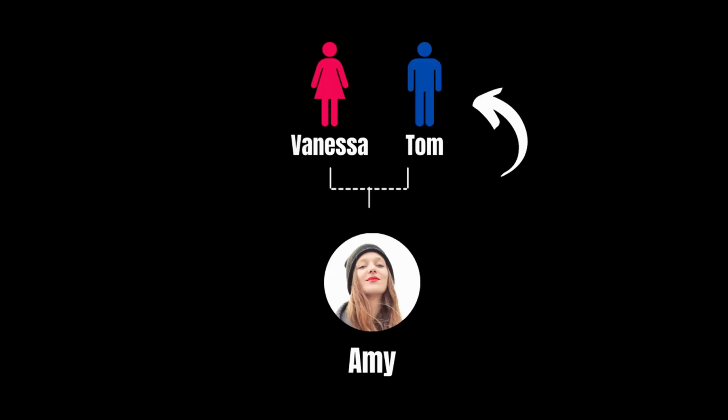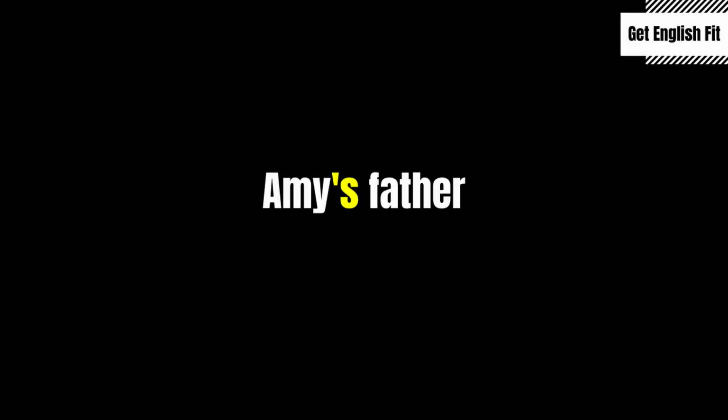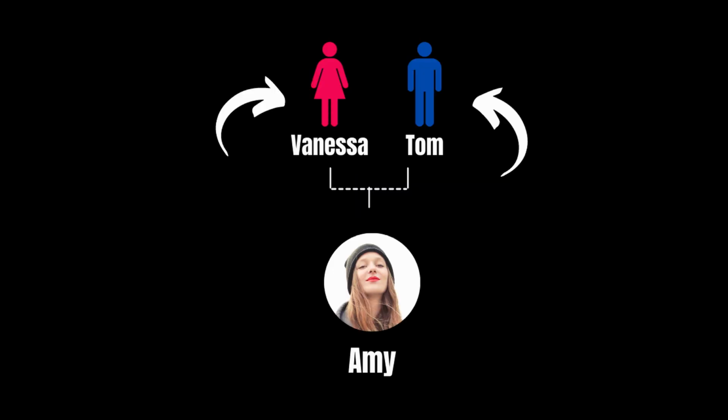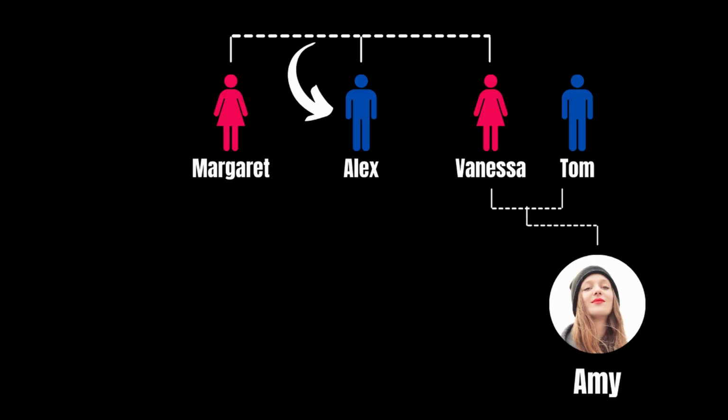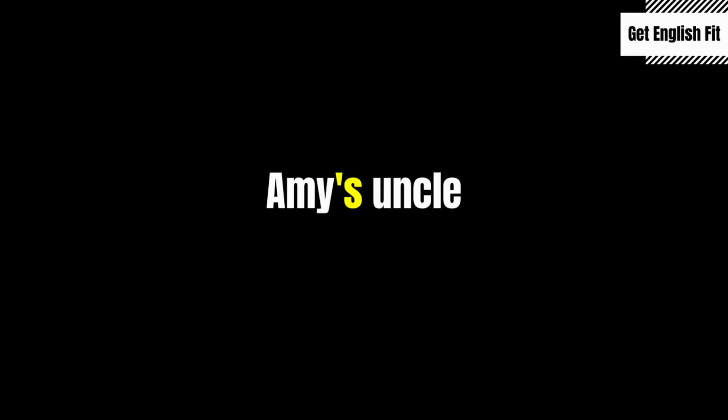Who is Tom? Amy's father. Who are Vanessa and Tom? Amy's parents. Who is Alex? Amy's uncle.